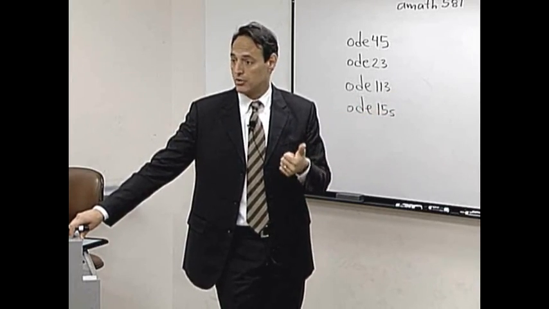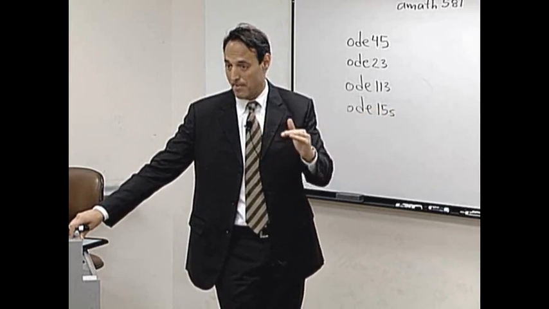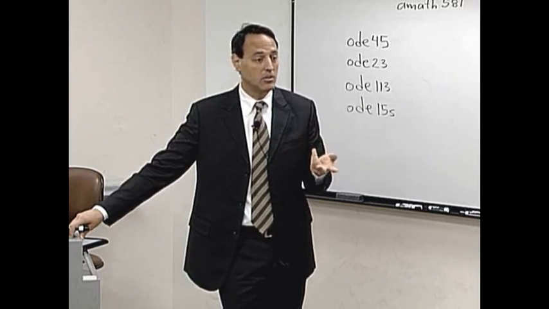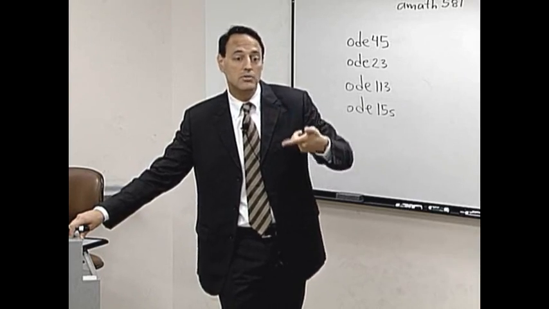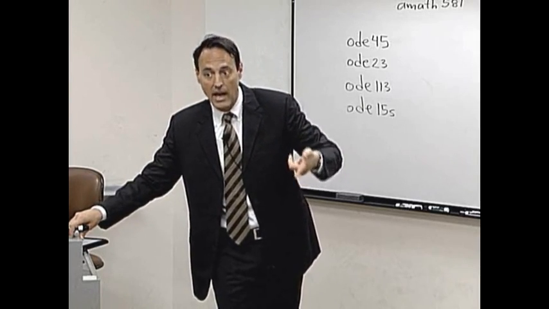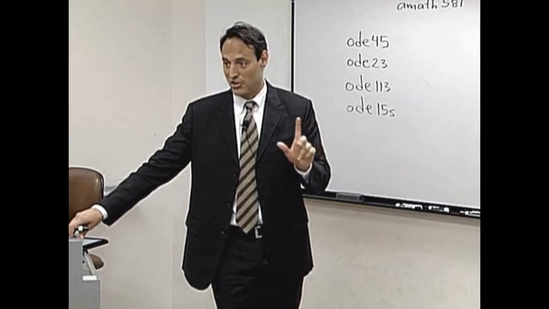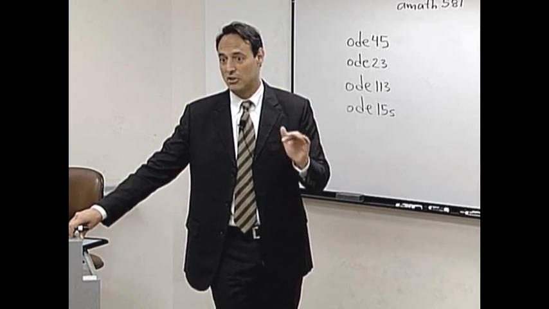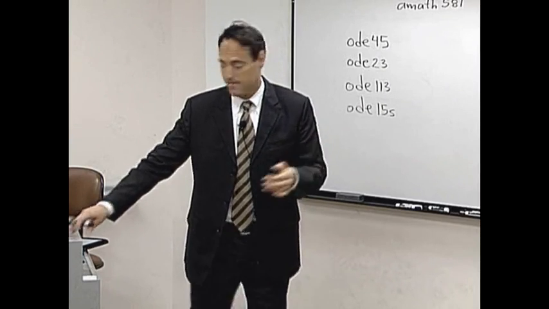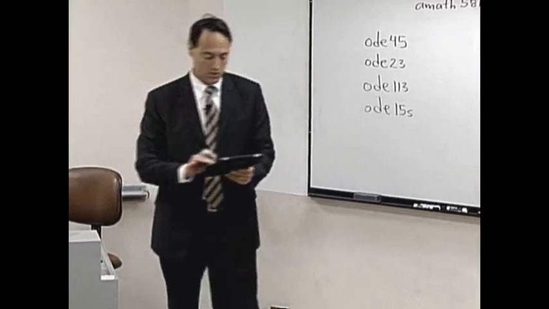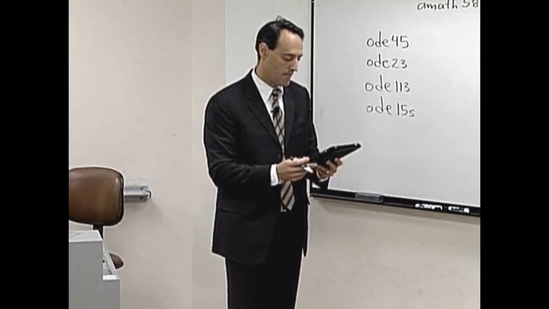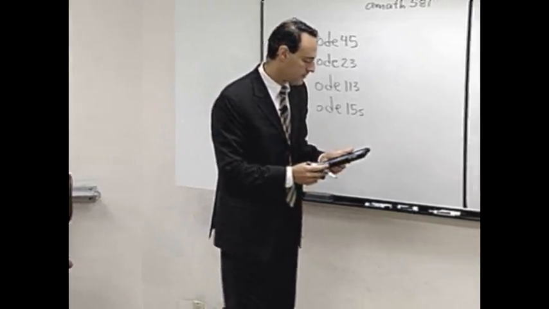So first of all, you want to make sure that that stepping routine is stable. Second, you would like to know at the end of the day, when you produce a solution, how accurate is it? This is pretty important, that you understand how good your solution is. So we're going to talk about these issues in the context of ODEs.